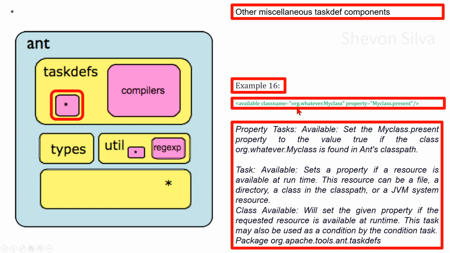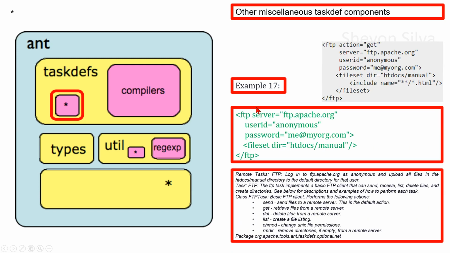This resource can be a file, a directory, a class in the classpath, or a JVM system resource. With regard to the API, class Available will set the given property if the requested resource is available at runtime. This task may also be used as a condition by the condition task. This is in the package org.apache.tools.ant.taskdefs.